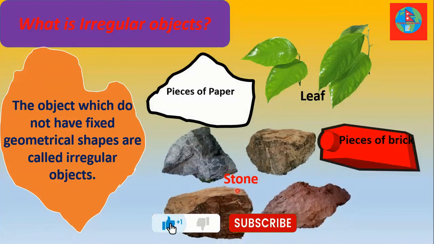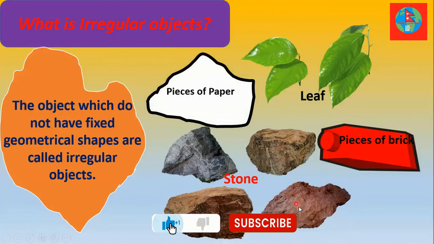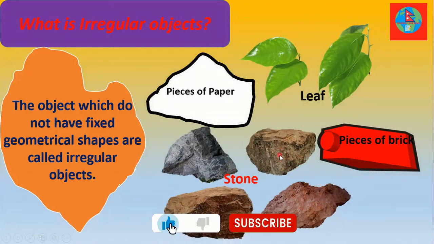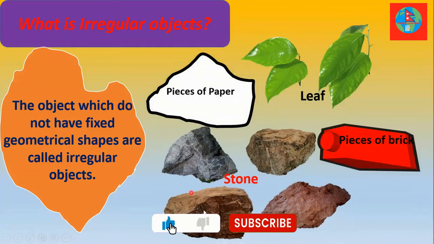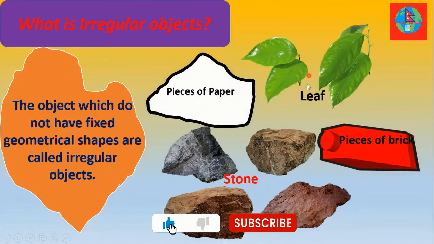Okay, look at these pictures. What type of pictures are here? You already guessed it. There are no geometrical shapes, no fixed shapes. This is a piece of brick, these are stones, this is a piece of paper, and these are leaves.